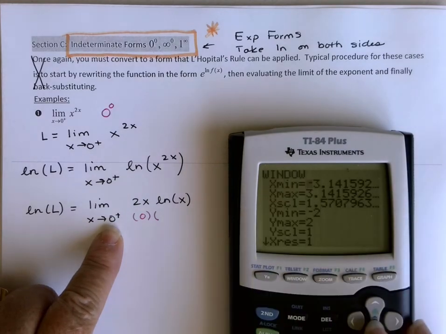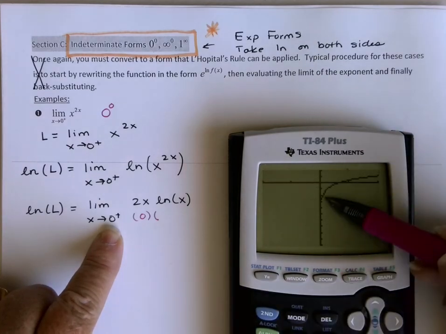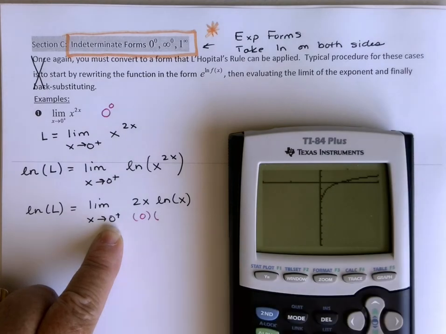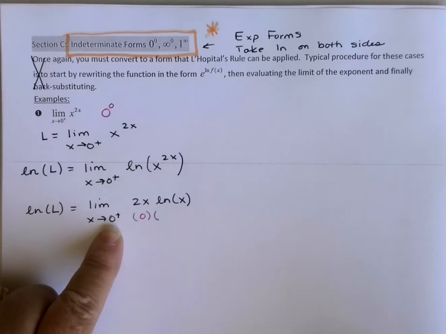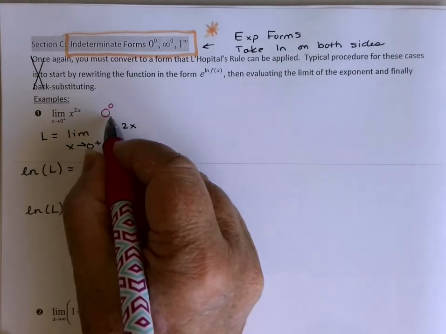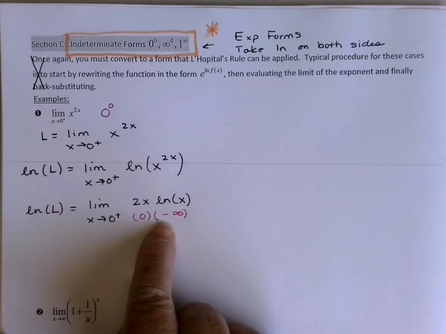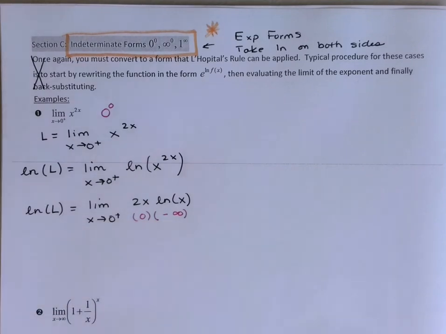If I change my window just a little bit to show more negative y values, we can see that even better. Yeah, there's that ln graph goes down to negative infinity as we go towards 0. So I started with the indeterminate form 0 to the 0. I've now got a different indeterminate form, 0 times negative infinity, but it's still not a L'Hopital's rule form.